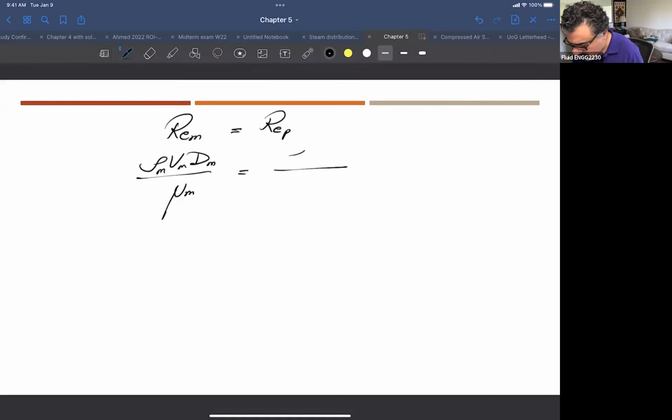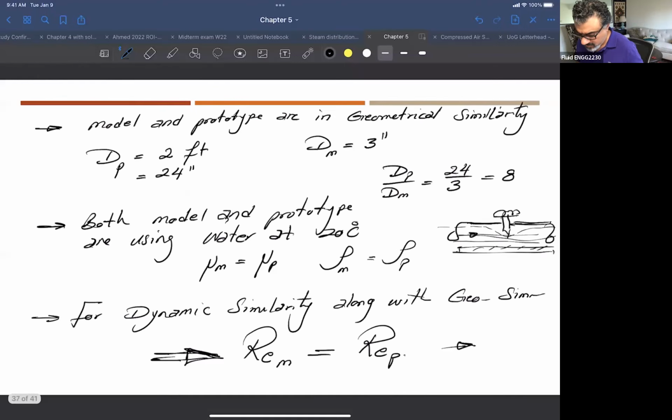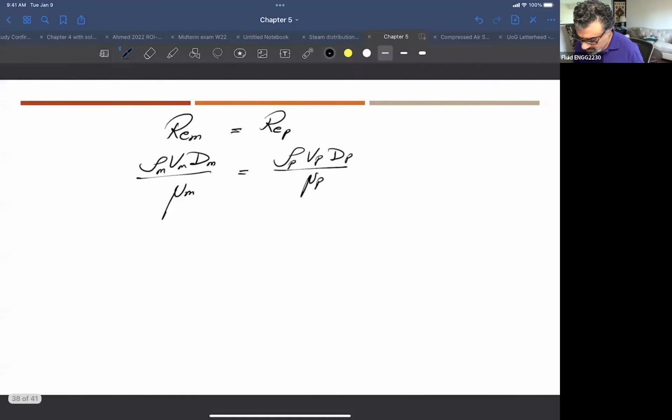This will be rho prototype, v prototype, d prototype, over mu prototype. It has to be exactly equal, because both have to be dynamically similar and geometrically similar. By knowing that the fluid is the same, density is the same, viscosity is the same, because the fluid is the same at the same temperature even, right?